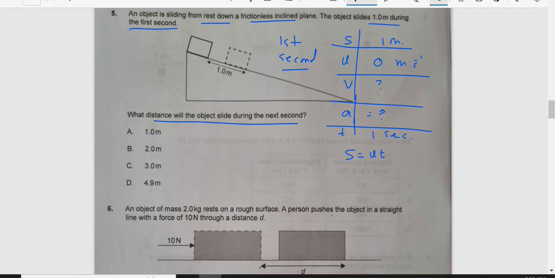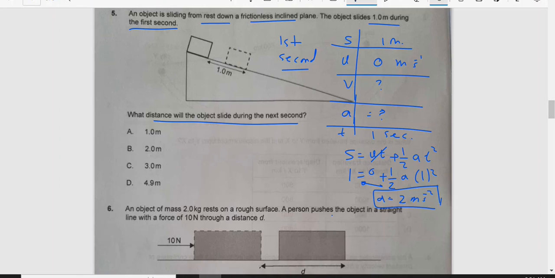When we write time, it means a change in time, and when we write distance or displacement, it means change in distance, final minus initial, plus half acceleration times t squared. Now distance is 1, initial speed is 0, plus half acceleration times 1 squared. Cross multiplying, we have the acceleration as 2 meters per second squared.